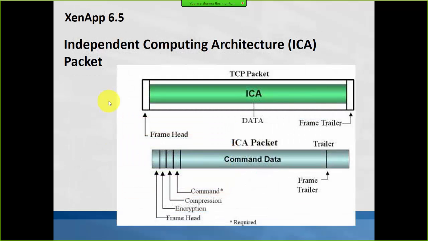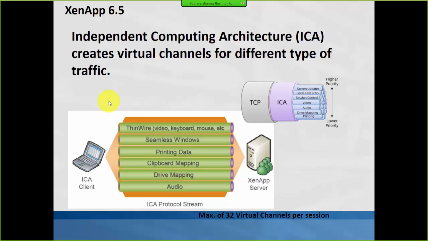This is the packet structure of this ICA, that it takes all this traffic within the packet over TCP. So all the virtual channels for different types of traffic: there's the printing data that the ICA packet is taking, there's the video, keyboard, mouse clicks that it is taking back and forth from the client machine to the Xen server.